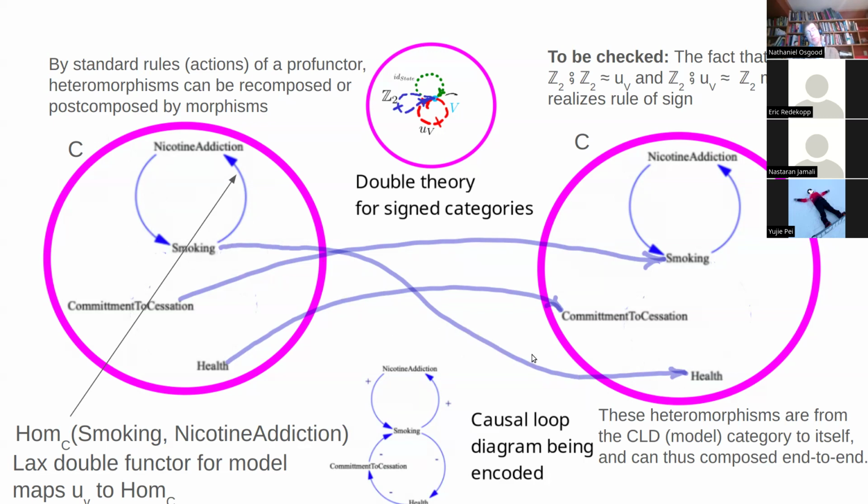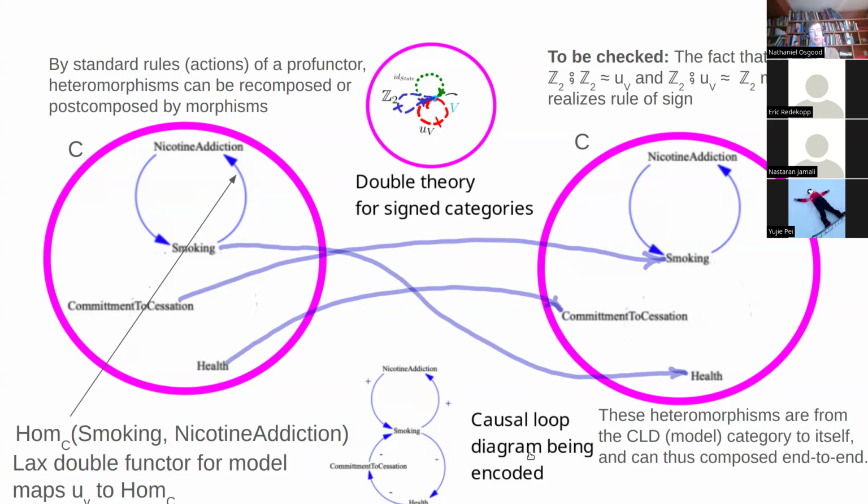And these heteromorphisms can themselves be composed because they go from C to C. So we can compose one from smoking to health with another one, health to commitment to cessation, to get one from smoking to commitment to cessation.